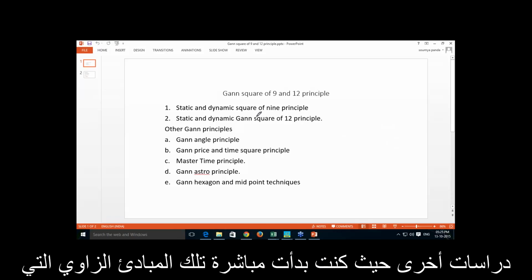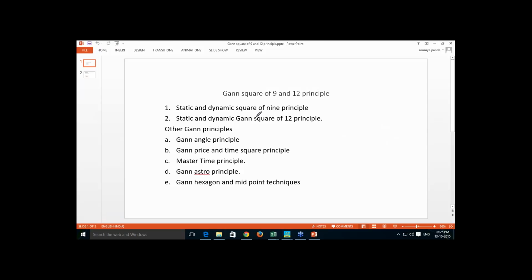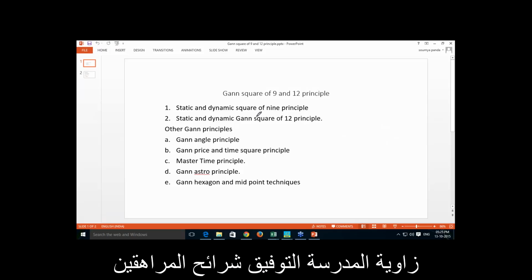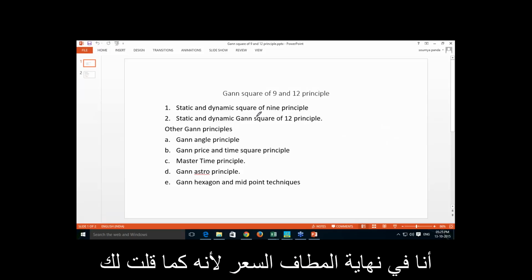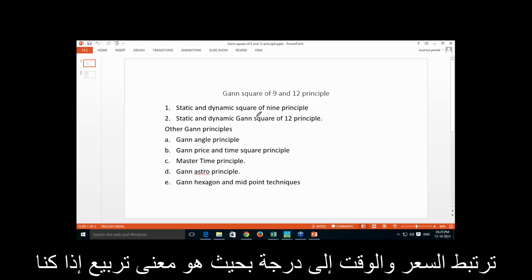Gann also has other studies where you directly study those angular principles. Gann angle principle, squaring relationship: as I told you, price and time are related to degree.